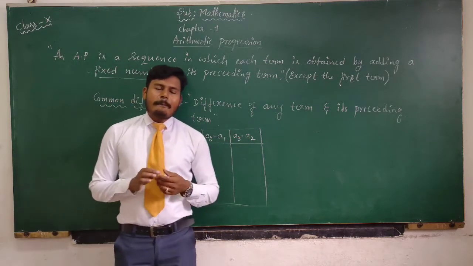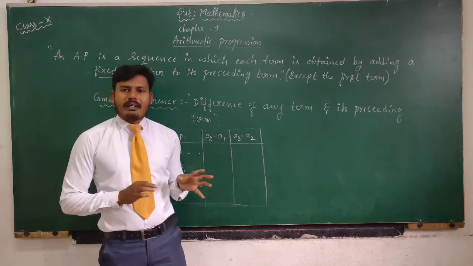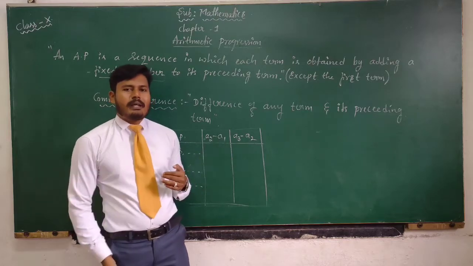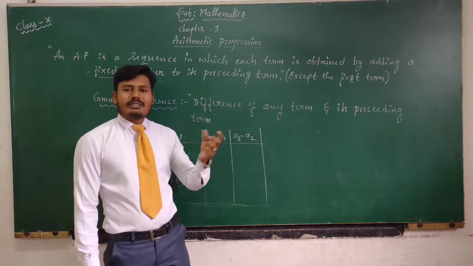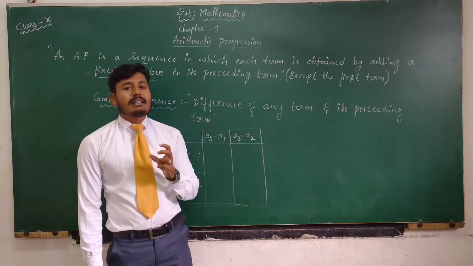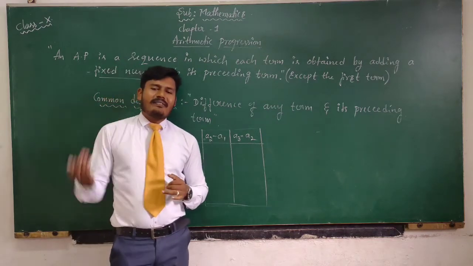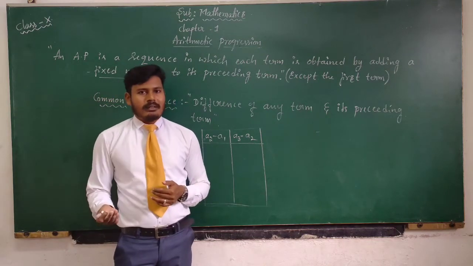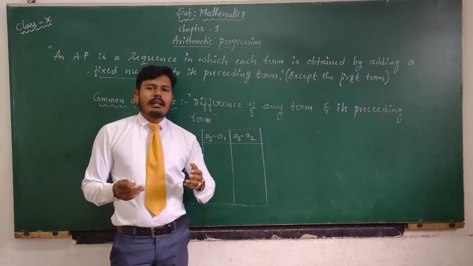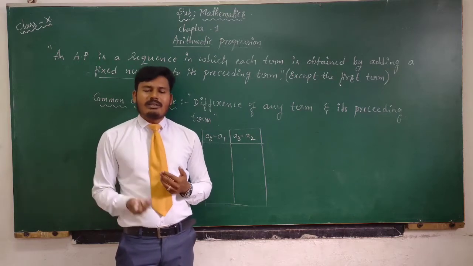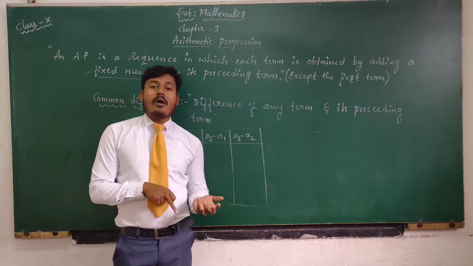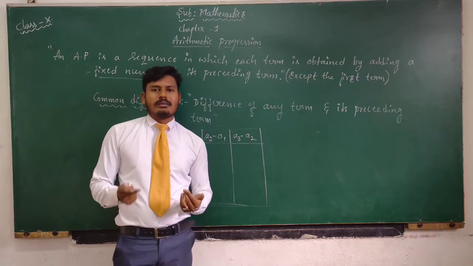Remember one thing: in each and every AP, the common difference should be the same throughout. Common difference may be different from one AP to another AP. It may be a positive value, a negative value, or zero also.